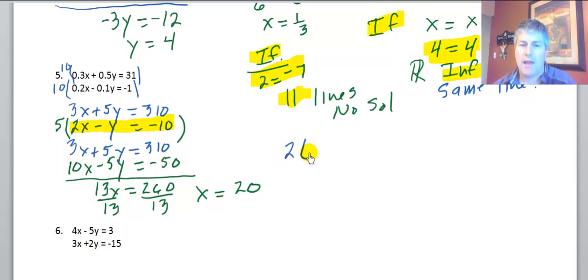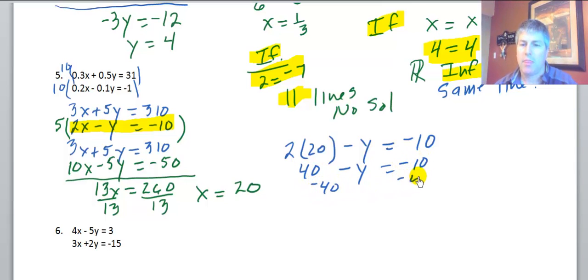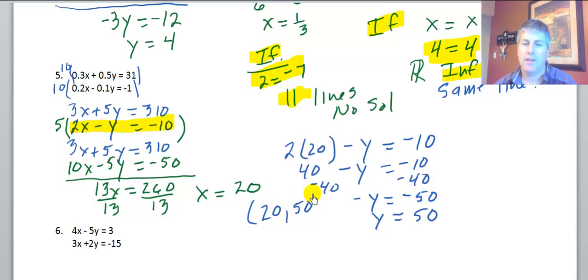So 2x, 2 times 20, minus y equals -10. So I get 40 minus y equals -10. I subtract 40 from both sides. The opposite of y equals -50, and I get y equals 50. That was pretty straightforward. So my ordered pair, 20, 50, is the solution to my system.